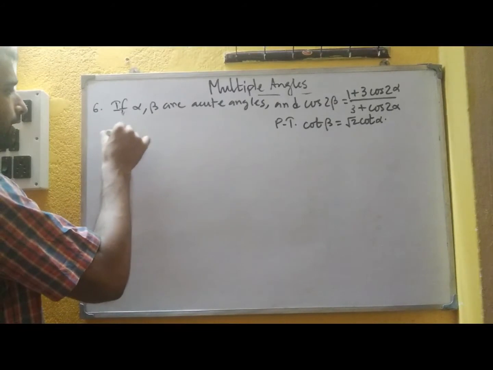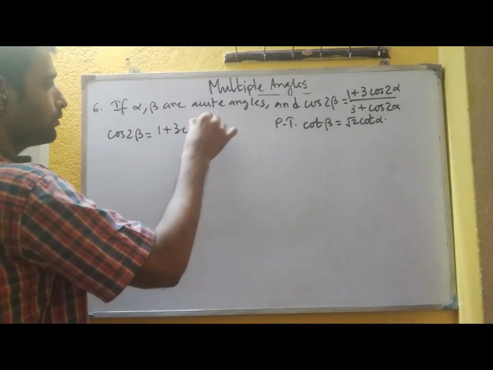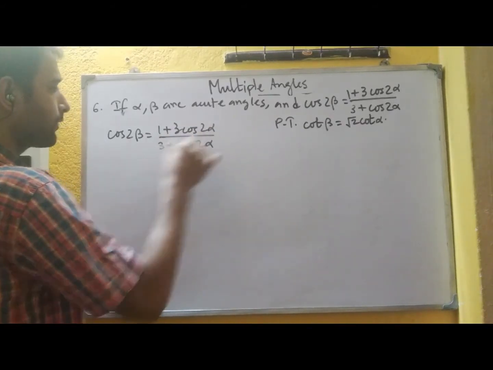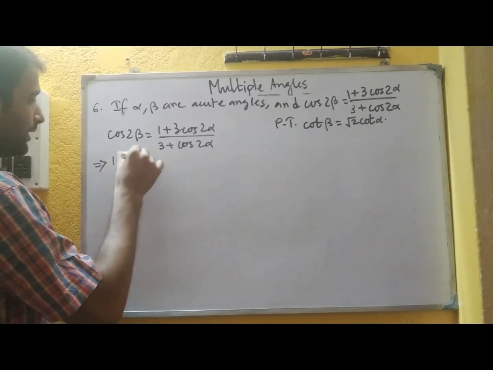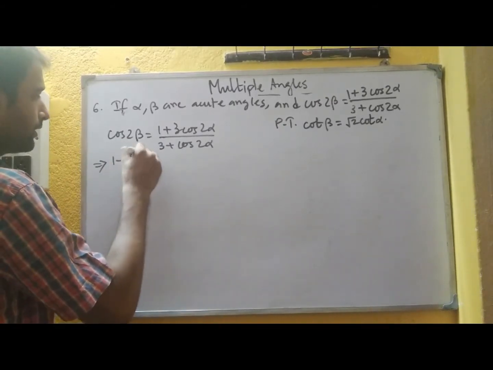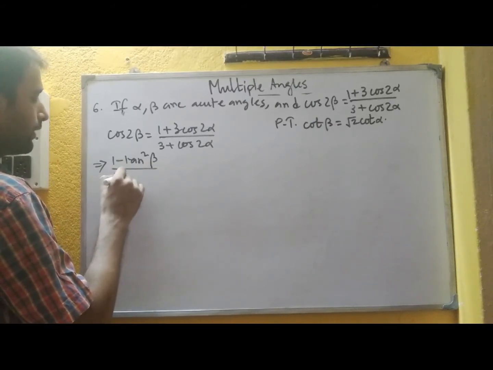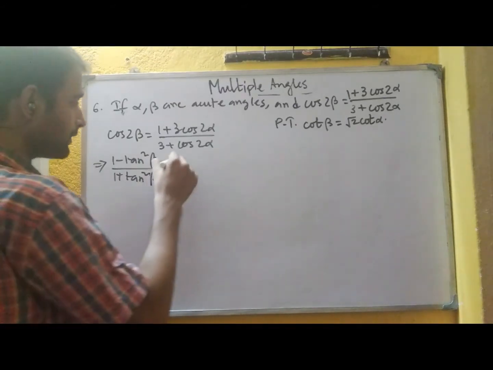So we are starting with the given condition cos 2 beta equals 1 plus 3 cos 2 alpha by 3 plus cos 2 alpha. Then we are applying the formula 1 minus tan square beta, since we have to convert into cot. So it's better to convert it first into tan as we have the formula.